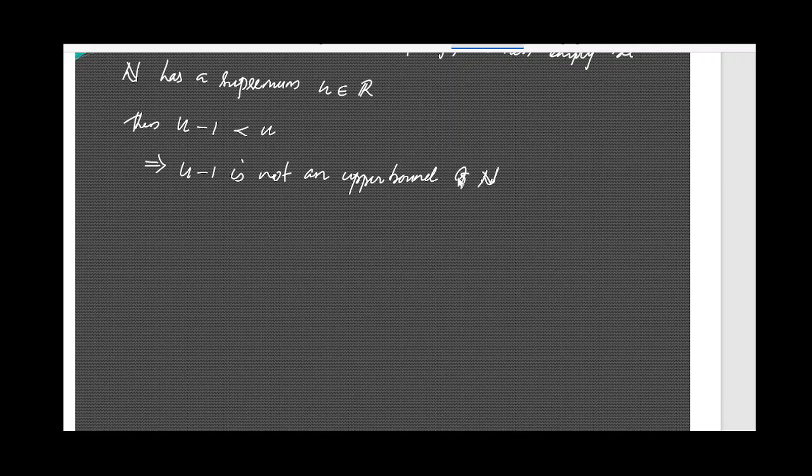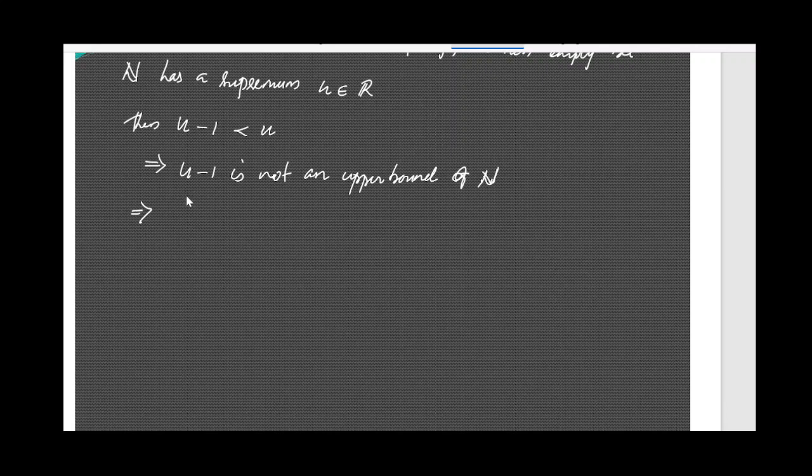Supremum means it should be the least upper bound. So here we have assumed U is the supremum, and if you take a number less than U, that cannot be an upper bound. So U minus 1 is not an upper bound of N, which implies, what's the meaning of this?